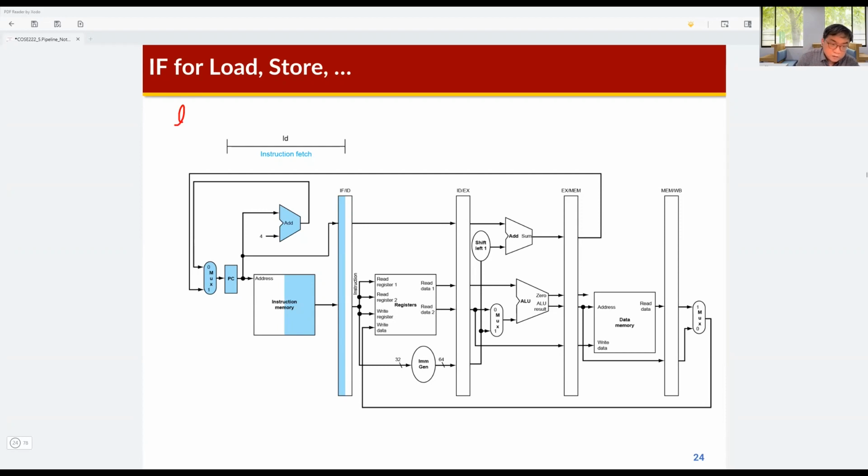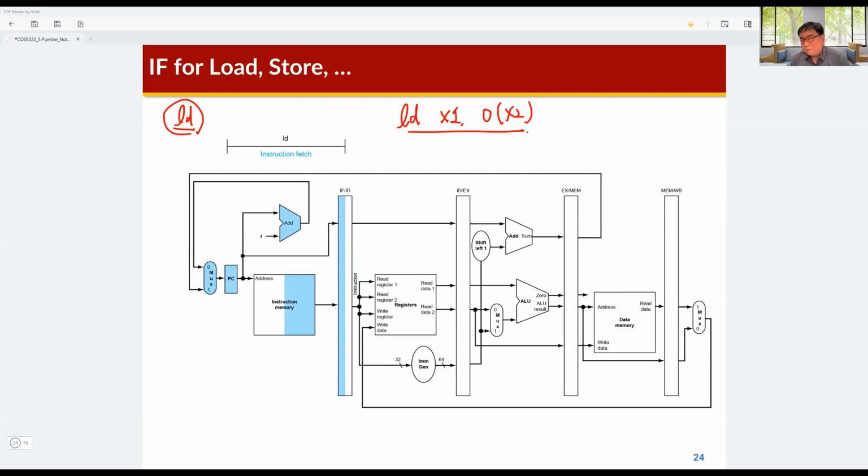For the load instruction, like load x1, immediate(x2), this is an example of a load instruction, and let's see how this load instruction is executed in a pipeline processor.